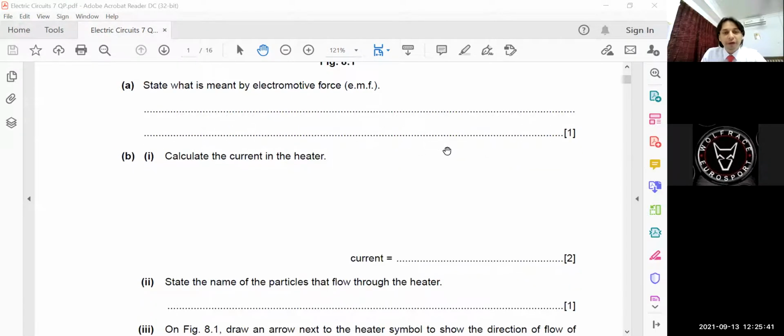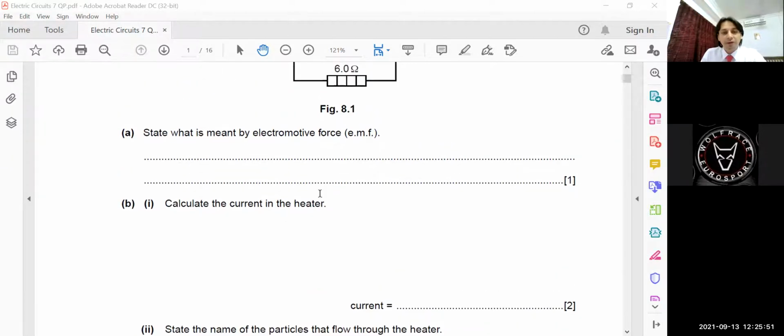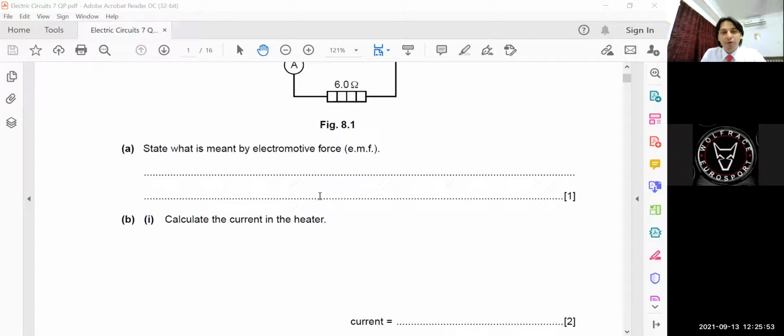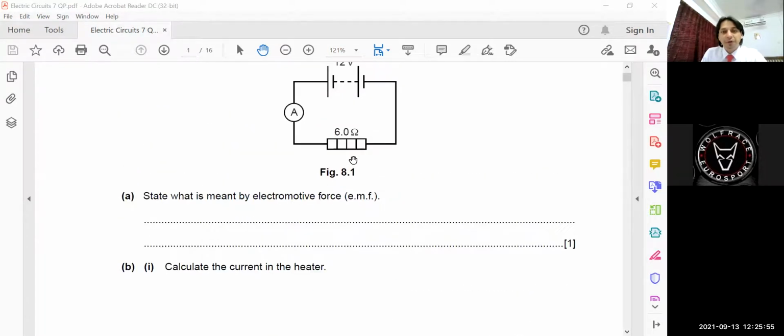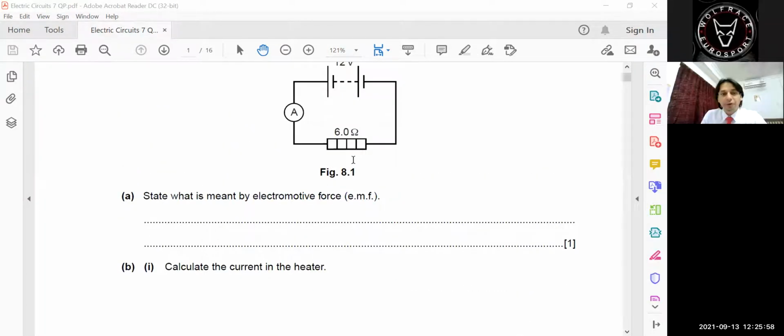So in B1, calculate the current in the heater. Yes, Krisha, calculate the current in the heater. What equation will you apply? You need to calculate how much current is flowing in this circuit across this heater.